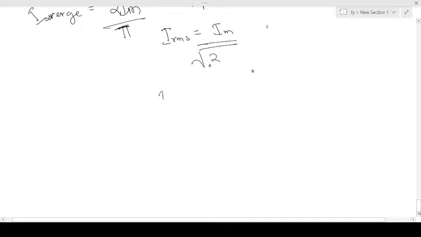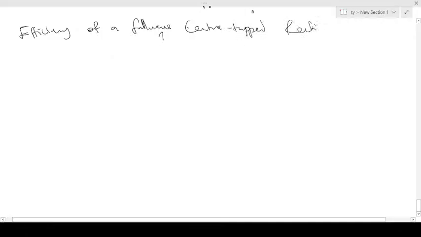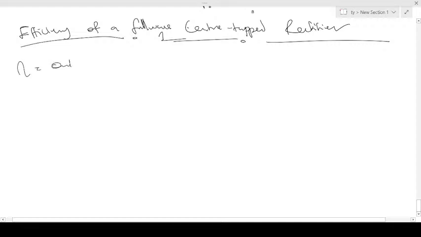Let's calculate the efficiency of the full wave center tapped rectifier. Now, I previously stated efficiency is the ratio of output DC power to input AC power.